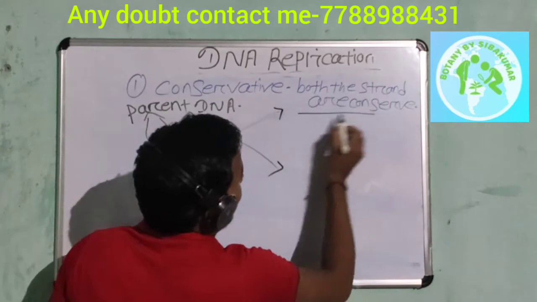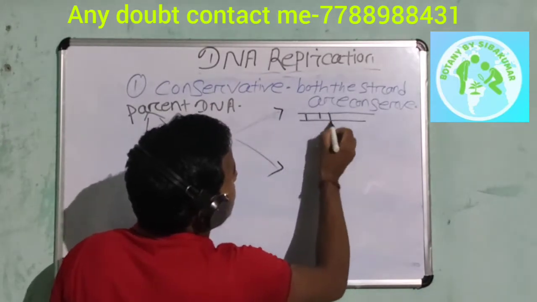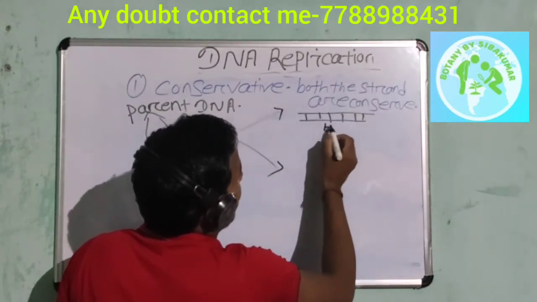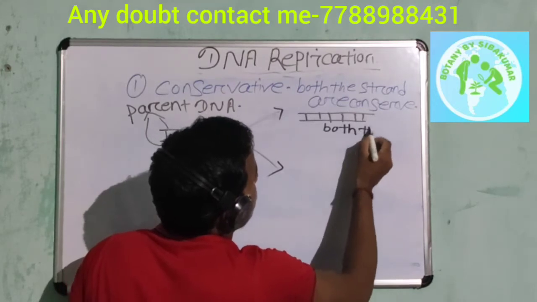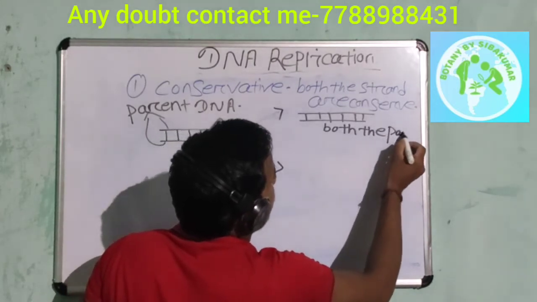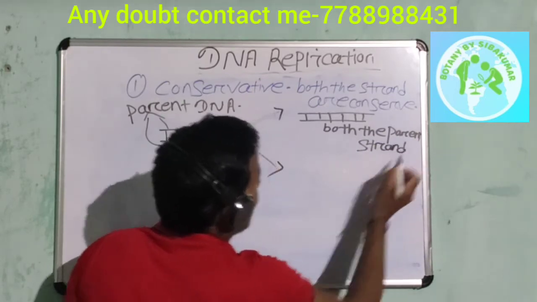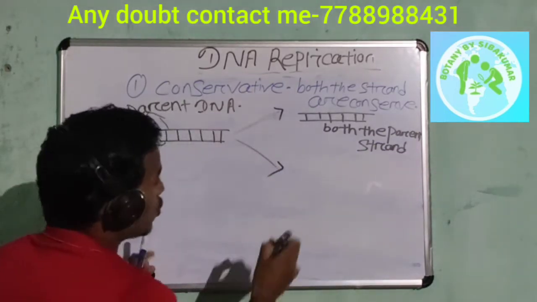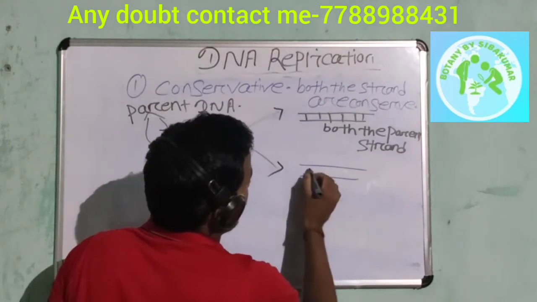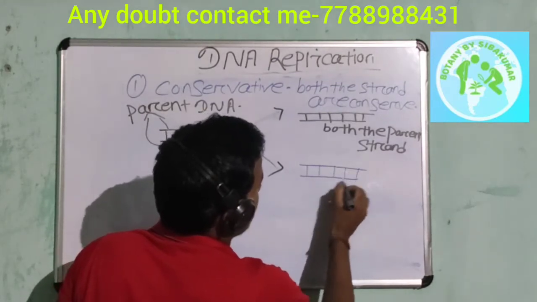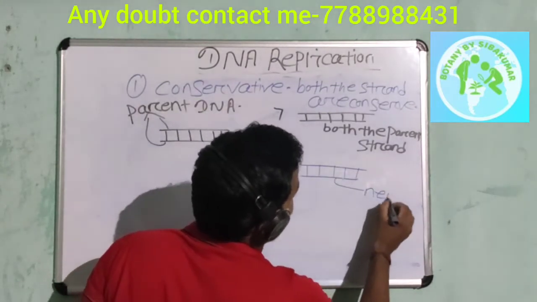One has both parent strands, and the other has both new strands. These are the two new strands.